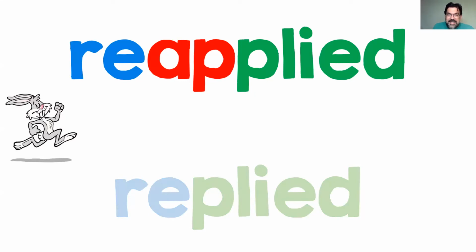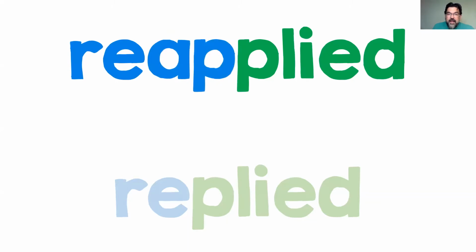On your mark, get set, go, yoink. The hare might look at that EA vowel pair and just say reap, because it also looks like reapplied, replied. And that's how you may have confused reapplied with replied. It has to do with that tricky vowel pair EA.